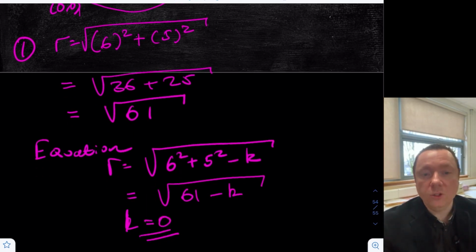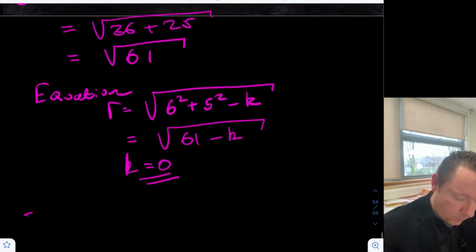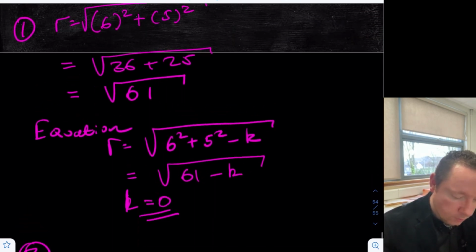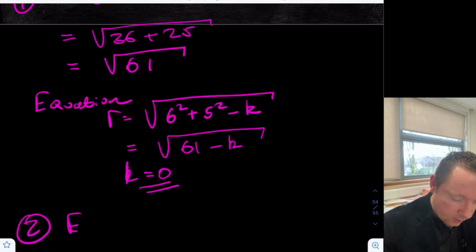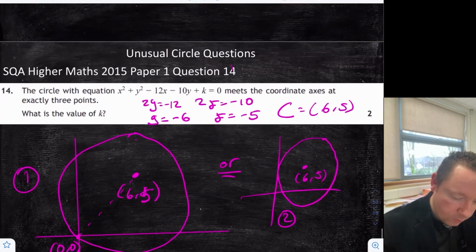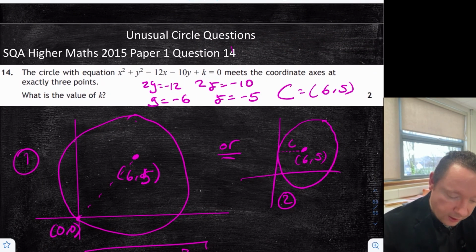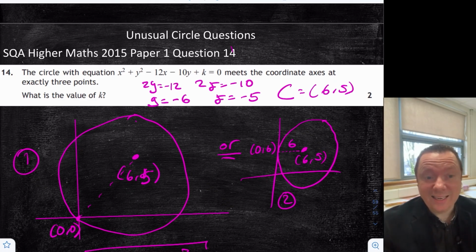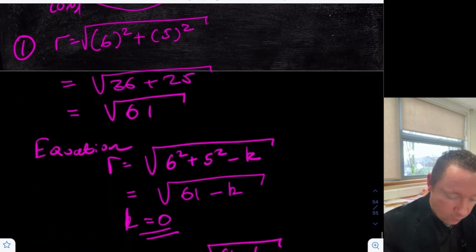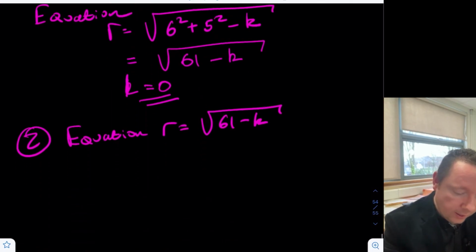Now let's look at option 2. In option 2, from the equation, our radius will still equal the square root of 61 minus k, but if we've got some points here, so this is along 6, so we know that that's the point 0, 6. Our radius is 6 in other words, so we know that the square root of 61 minus k must equal 6.